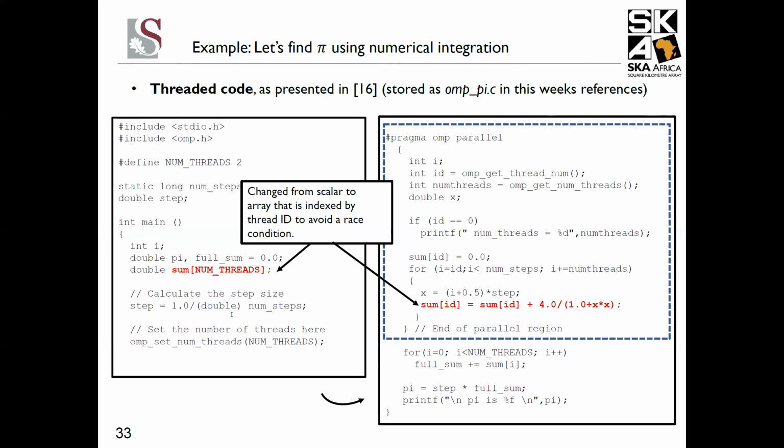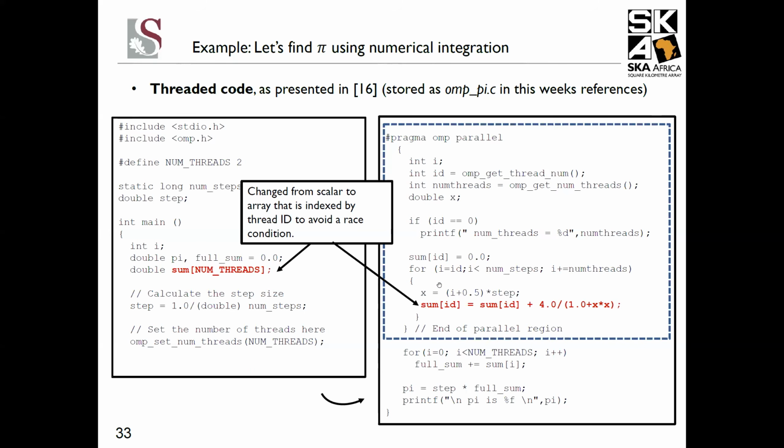So what we might do is let each thread write its result in a unique piece of memory. So let's declare this result variable sum to be an array of size num threads. Each thread gets its own unique piece of memory where it can store its results.